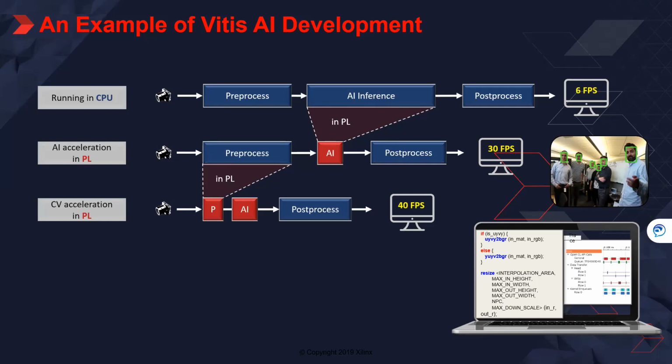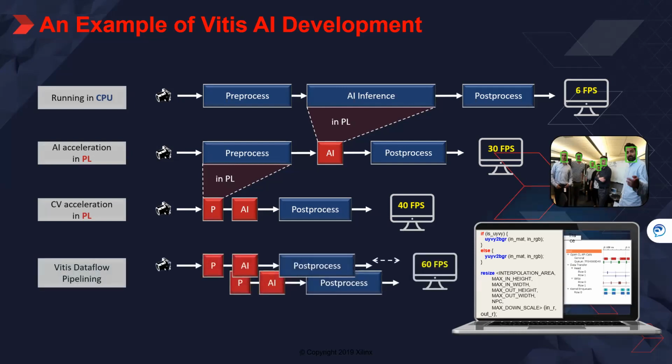But let's say you are staying there and there is no opportunity to accelerate the post-process part. Then the next step is, of course, through the Vitis AI tools, you can do the pipelining and run multiple things in parallel with the multiple DPUs which have been instantiated on the device. With the pipelining, you can achieve even more. So that's a typical example of Vitis AI development.